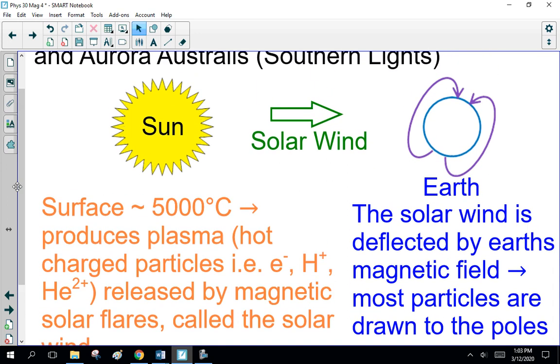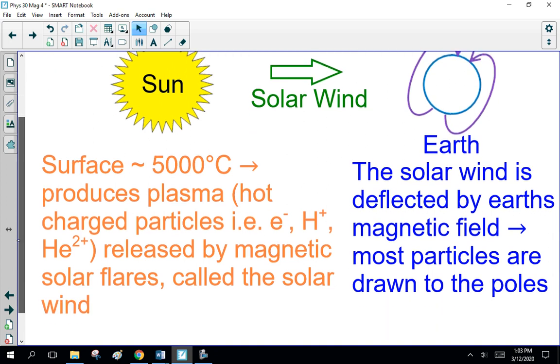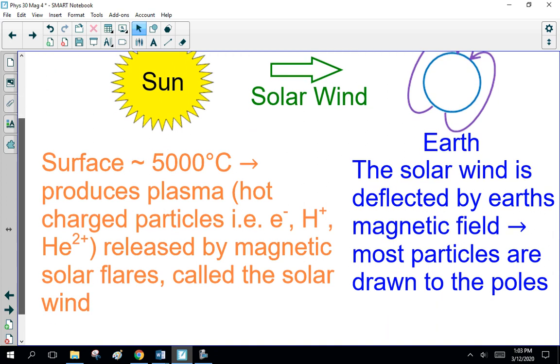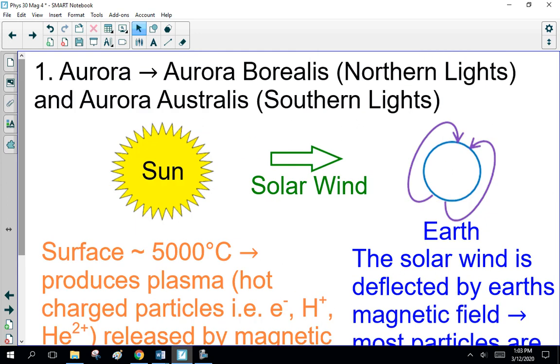This solar wind spreads out in all directions, and when it gets to the Earth, the solar wind is deflected by Earth's magnetic field. Remember, these are charged particles. When they hit a magnetic field, like the Earth's magnetic field, they change direction. Now, most particles are drawn to the poles, the North Pole and the South Pole, hence the aurora borealis, northern lights, and aurora australis, southern lights.